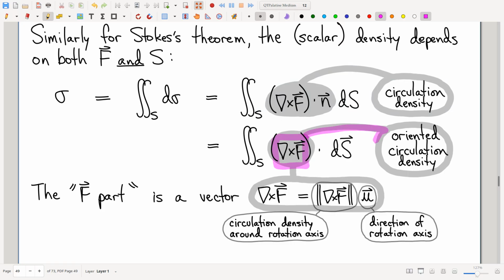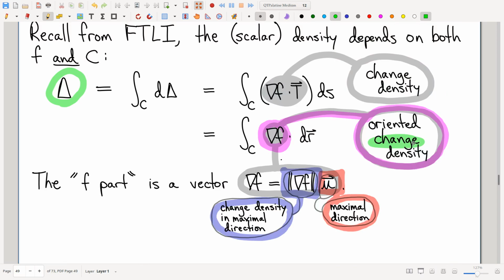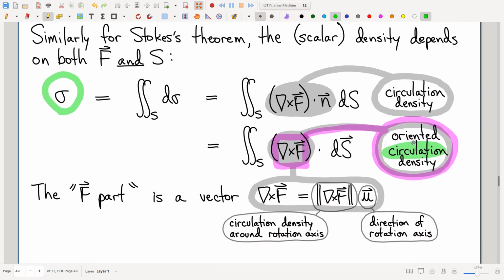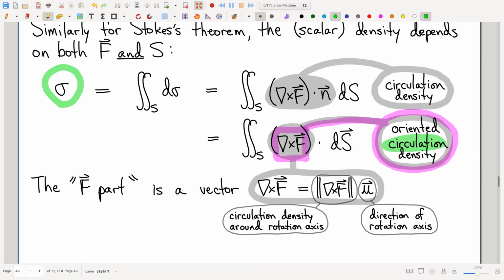I'm claiming that we should call it oriented density again, this time circulation as our quantity, so I'm going to call this oriented circulation density. Is that cool? It's the same pattern, right? I'm following along with the same pattern we did up here. And I claim we get the same interpretation of the gradient.